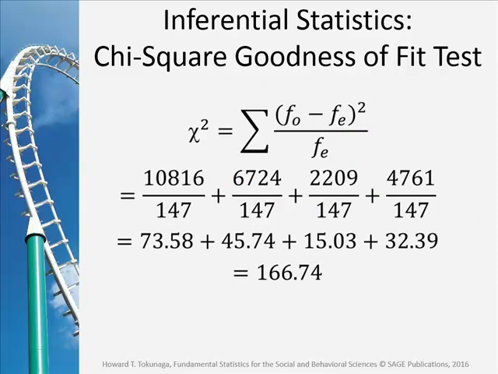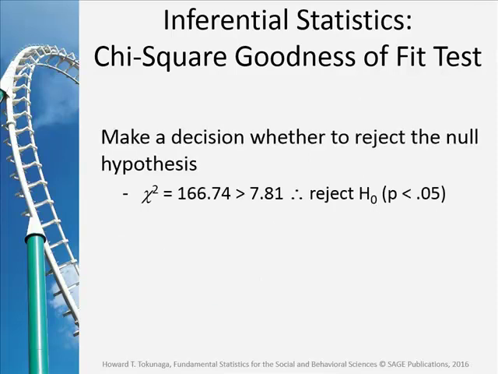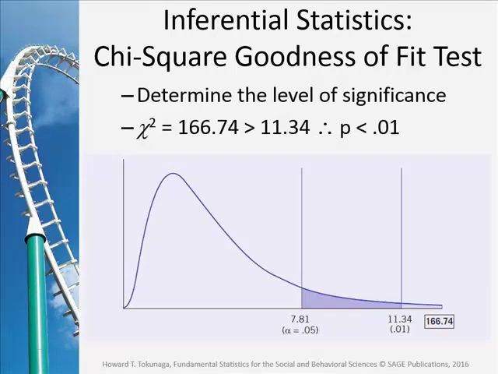The answer to our original example was a chi-square of 166.74. What does that mean? We're going to reject the null hypothesis. Why? Because we're way out here.